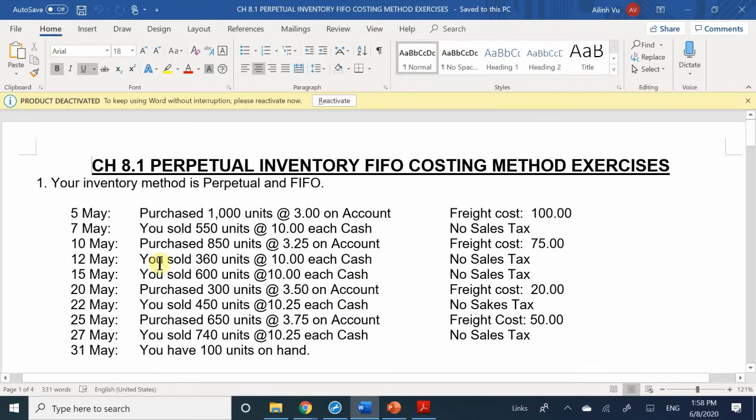Let's start here on May 5th. We purchased 1,000 units at $3 per item on account, and freight gives us a total cost of $100.